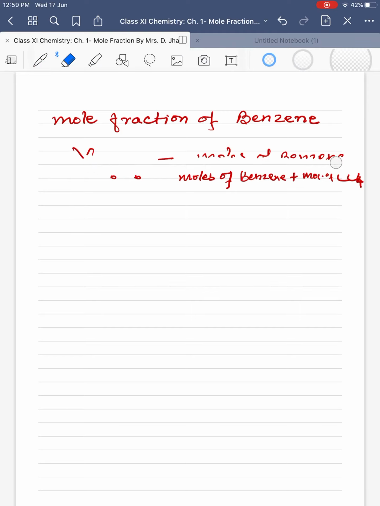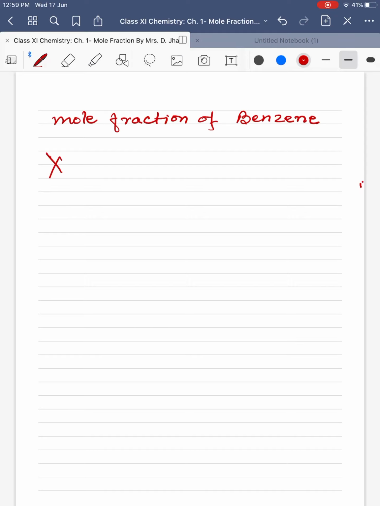Or you can write it like this: the mole fraction of C6H6 is equal to N(C6H6) divided by N(C6H6) plus N(CCl4).